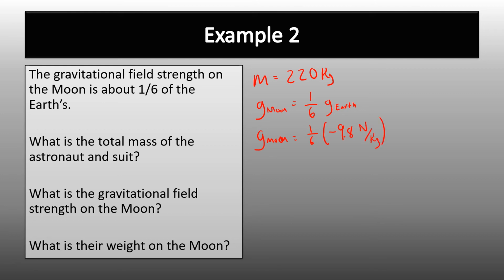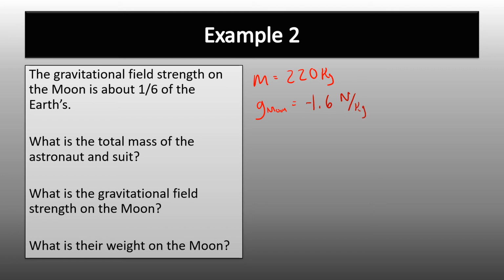And we can say that the gravitational field strength on the moon is about 1.6 newtons per kilogram downward.